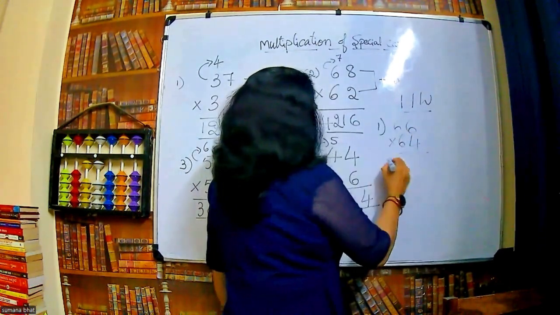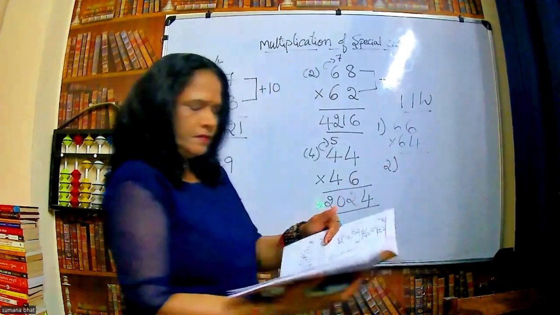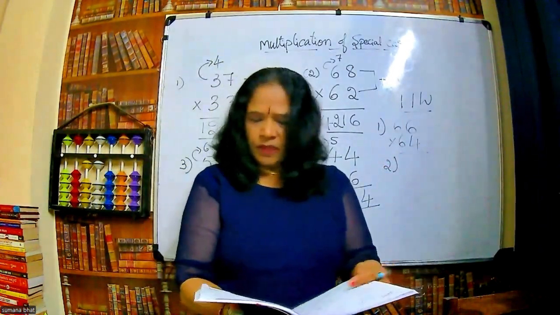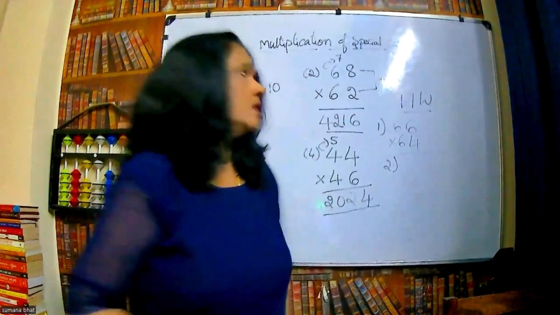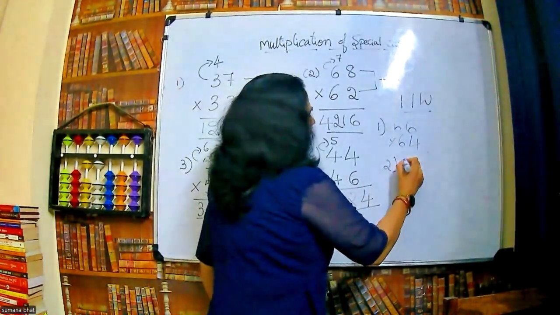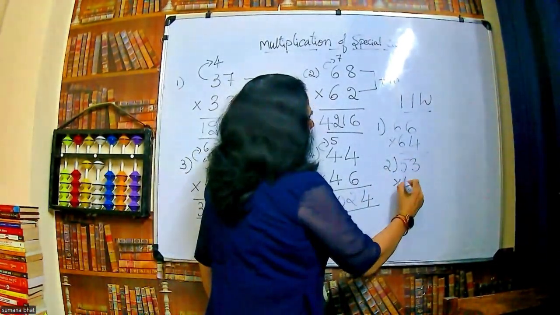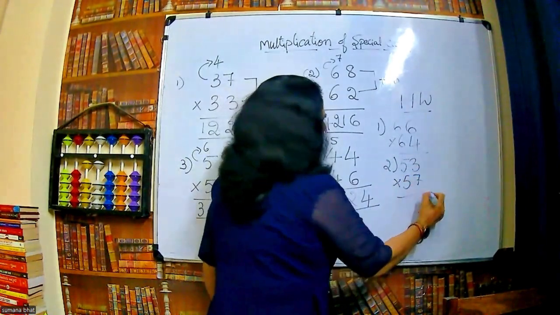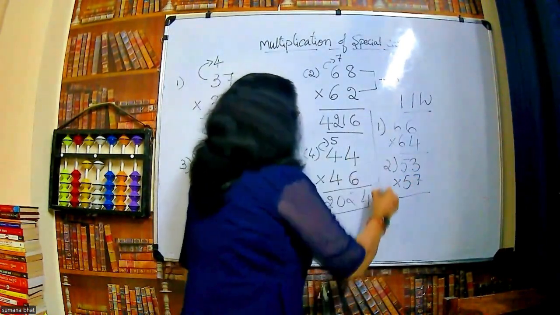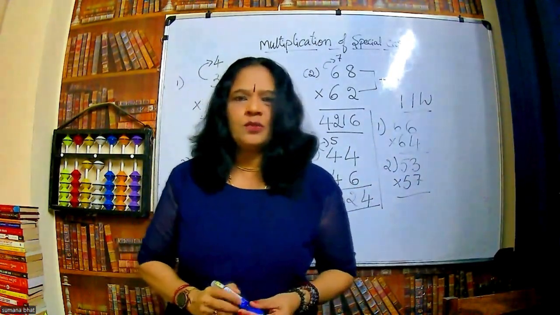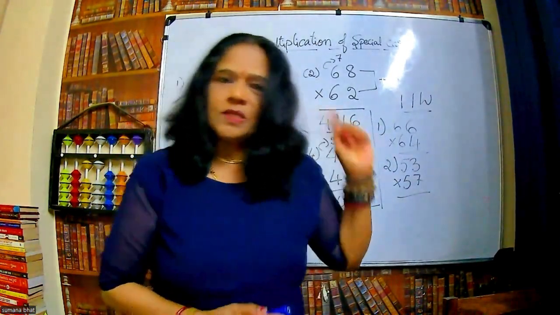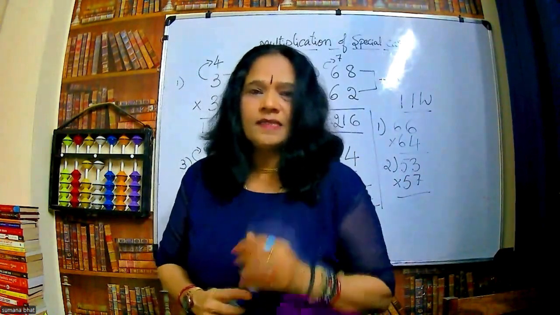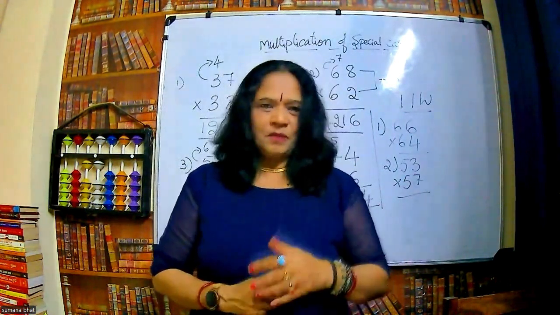And the second one, I'm going to give you 53 into 57. Do these two sums by using the same sutra and write the answer in the comment box.